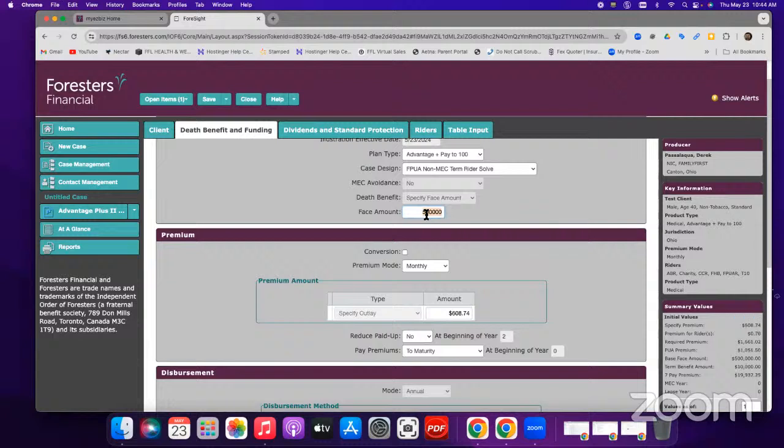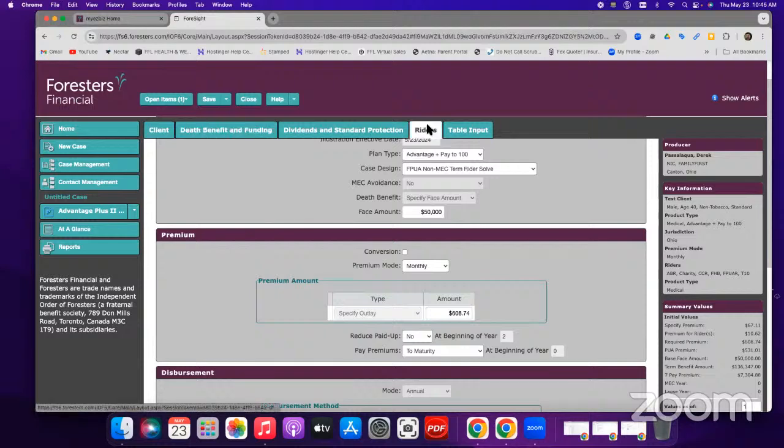Now we're going to solve for the lowest amount of possible coverage, but 608 is our premium, so it's going to stay the exact same premium. Okay, so the premium is not going to change. We'll keep it at 608.74.